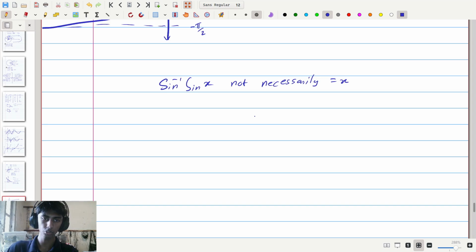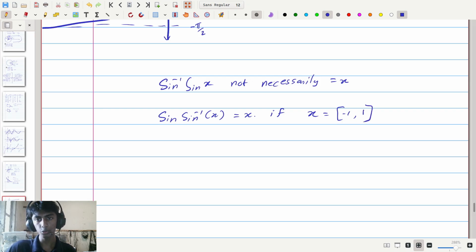However, sine of sine inverse x equals x if x is between negative 1 and 1. This is valid. You can do this. No one will have a problem if you do this. Sine of sine inverse x is x if x is between negative 1 and 1.